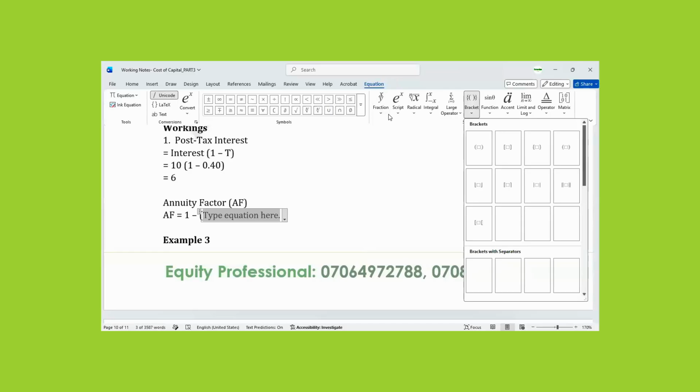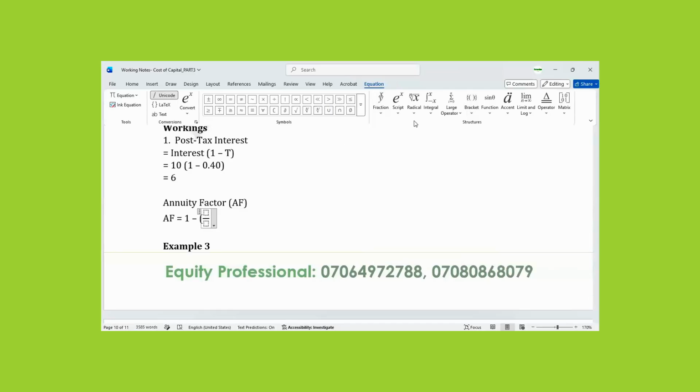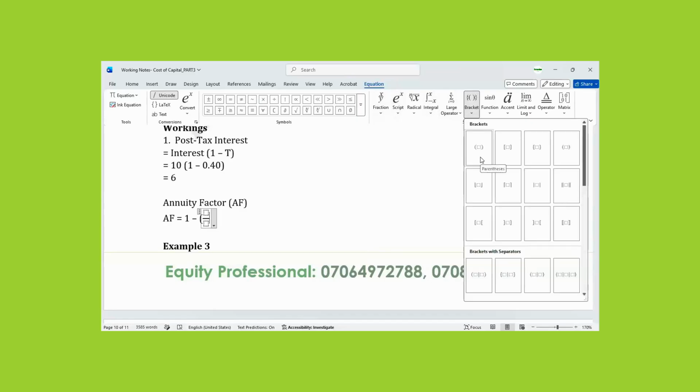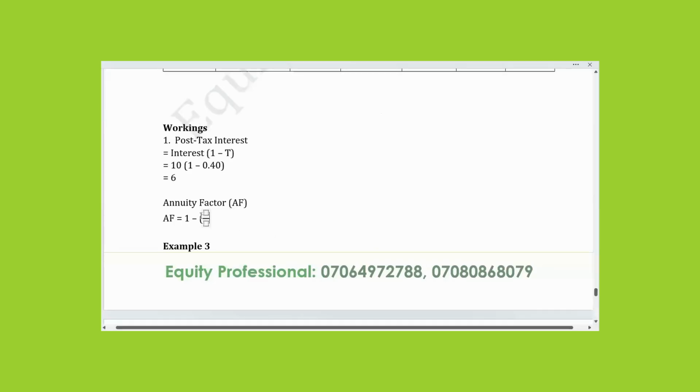Before parentheses, let me use this one. This, then parentheses. Okay. Oh, no, that's not it. You get out. You're the one causing confusion.